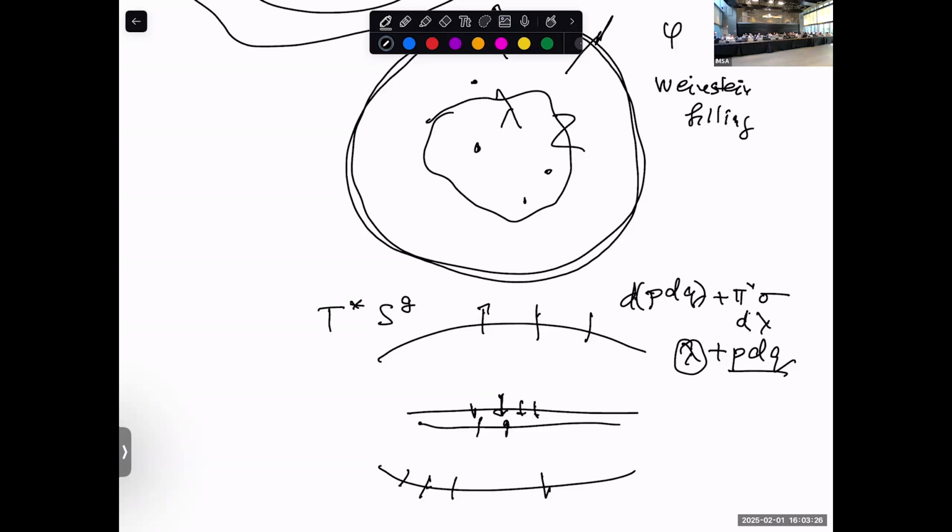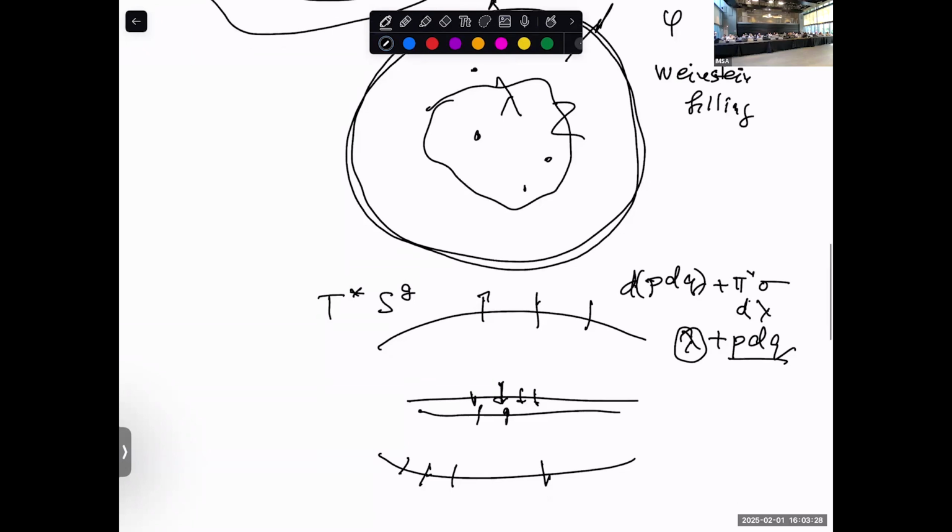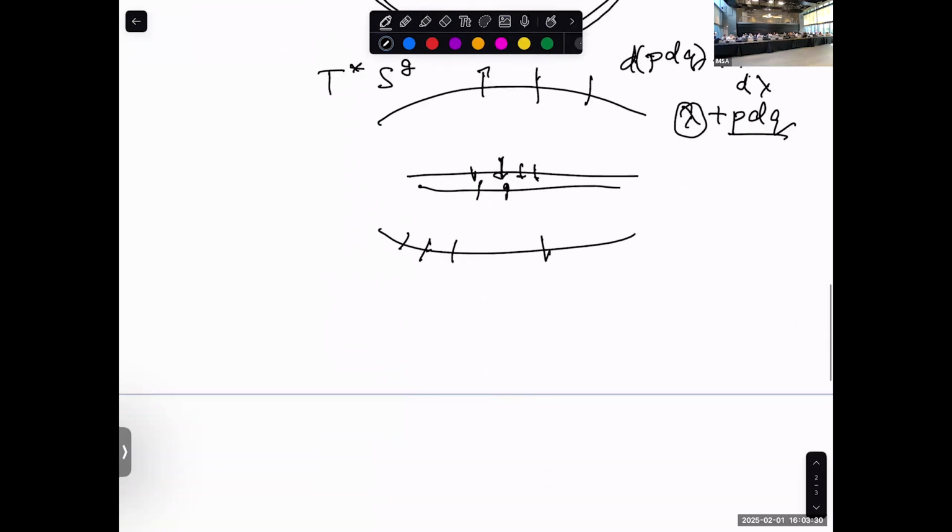So there is the following question, which was open 30 years ago and is still open: when is a Liouville filling Weinstein? Of course, the topology of this filling manifold must be no more than half-dimensional, but is that good enough?